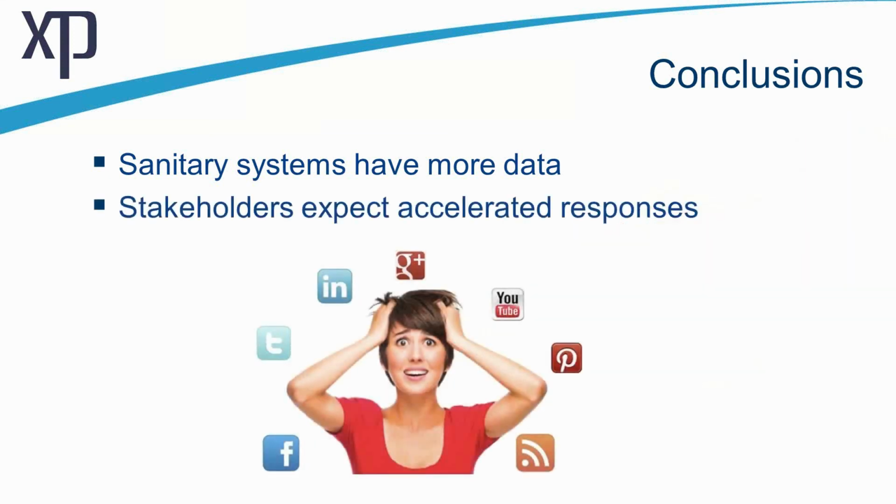And I think in a related sense, stakeholders, whoever they are, whether they're operators of the system or users of the system, are expecting accelerated responses, whether that's from odor or maintenance or rates. They want to know why the CIP costs this much money. And it's really effective to have these key performance indicators built right into the model, tied directly into data that's already been approved.